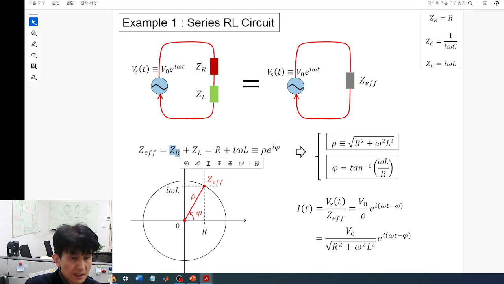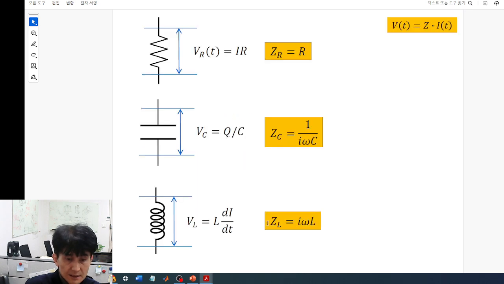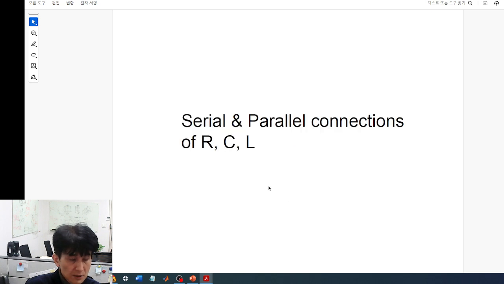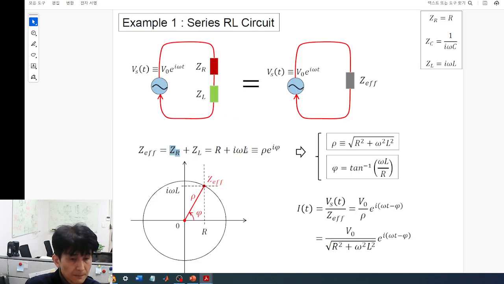Then ZR is R, ZL is i omega L. So we just add those things together, and we represent this in polar coordinates. So the magnitude is rho and the phase is phi.